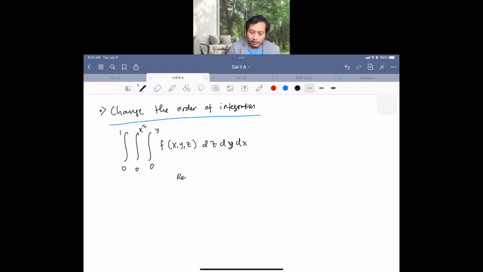And then rewrite the triple integral: the first one is written as dx dz dy, the second one as dy dx dz.